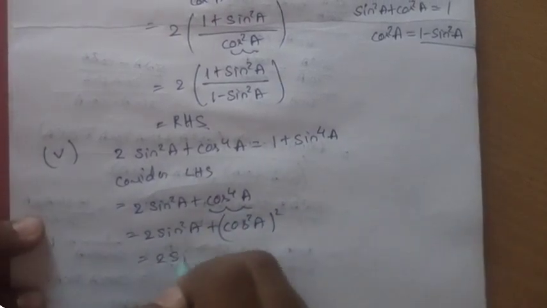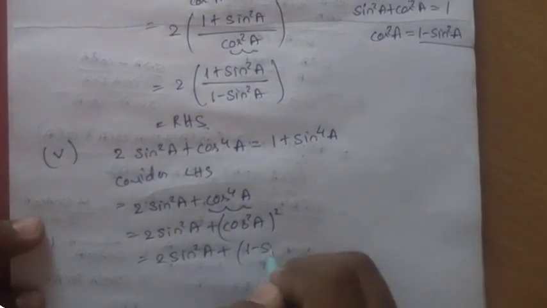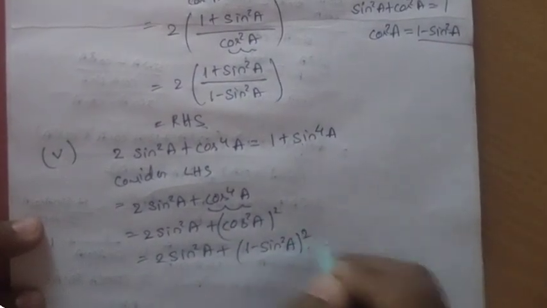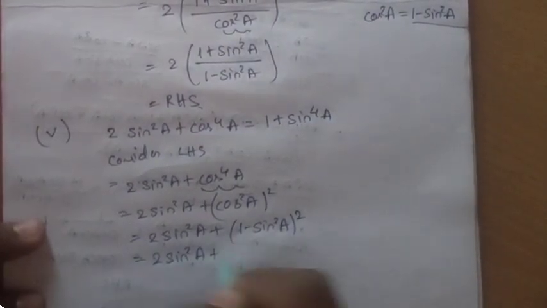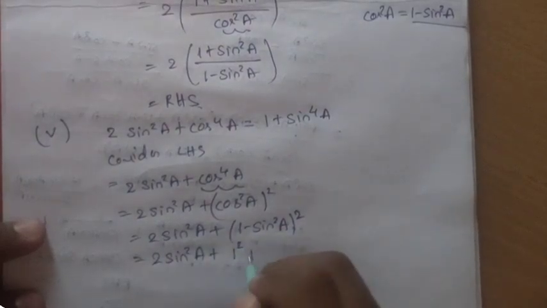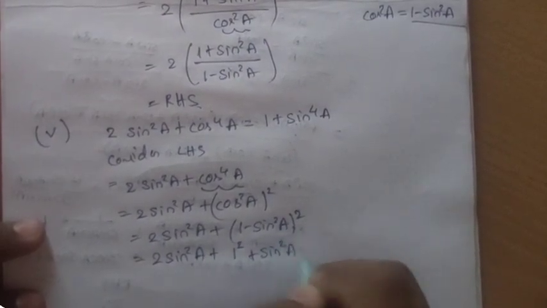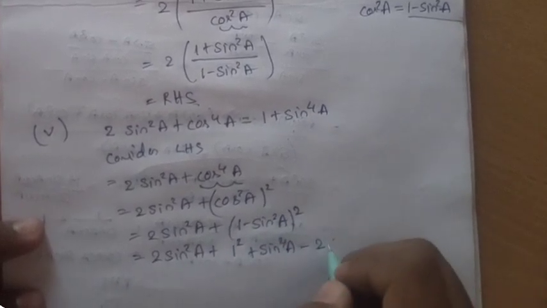Now 2 sin square a, and cos square a can be written as 1 minus sin square a, whole square. Now 2 sin square a plus, this is in the form of (a minus b) whole square, which can be changed as a square plus b square minus 2ab.